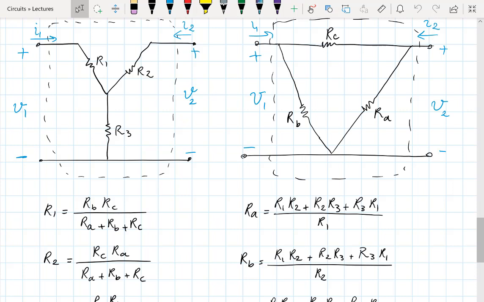I'm talking about the Y circuit now. If I don't connect anything to its right-hand side, and I look at the equivalent resistance from the left, what would I measure? R1 plus R3, because R2 is basically just disconnected. It's not going anywhere. There is no current in R2 if it's not connected anywhere. And so basically, R1 and R3 are in series.